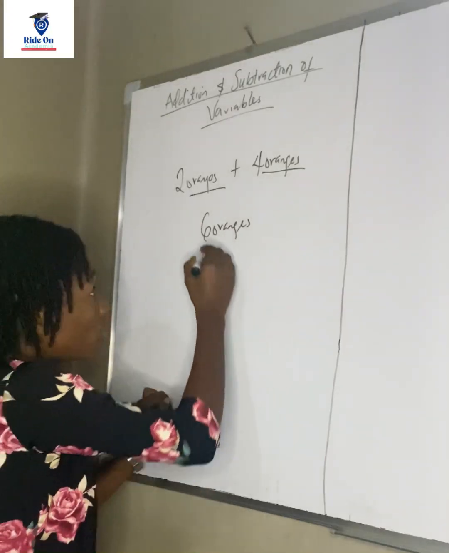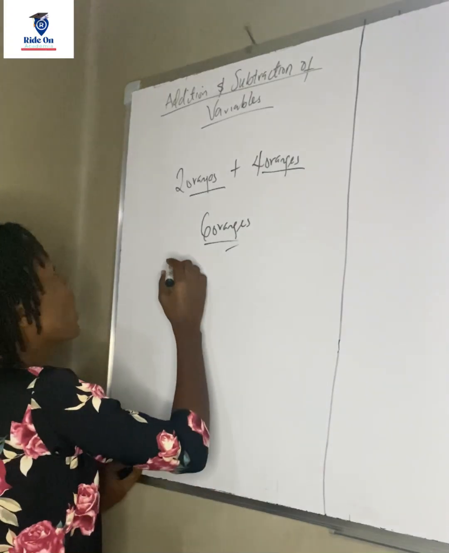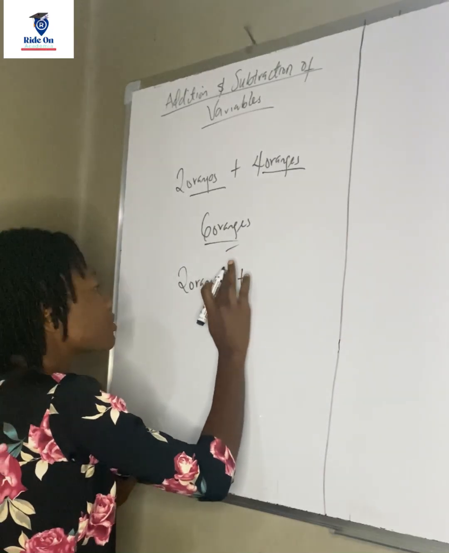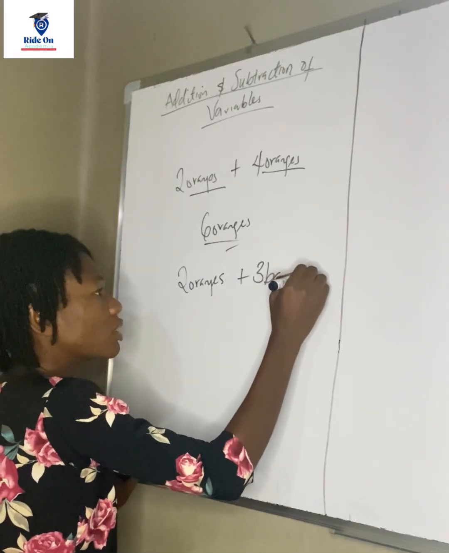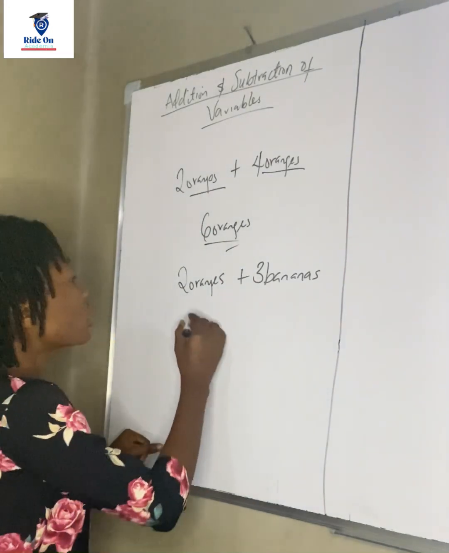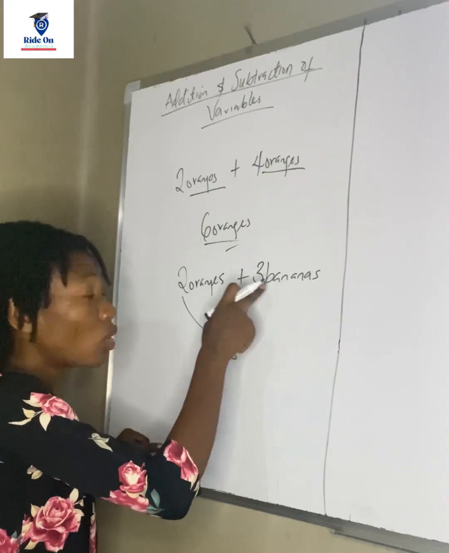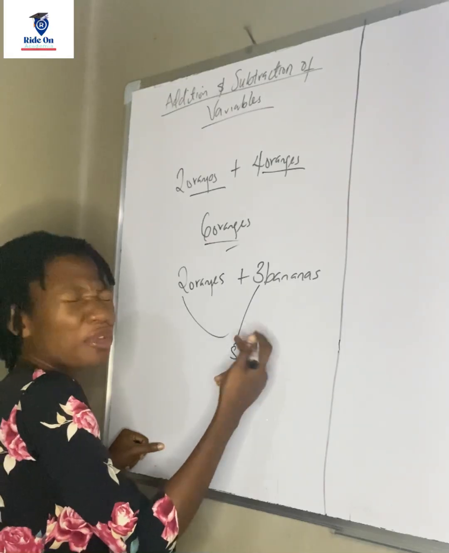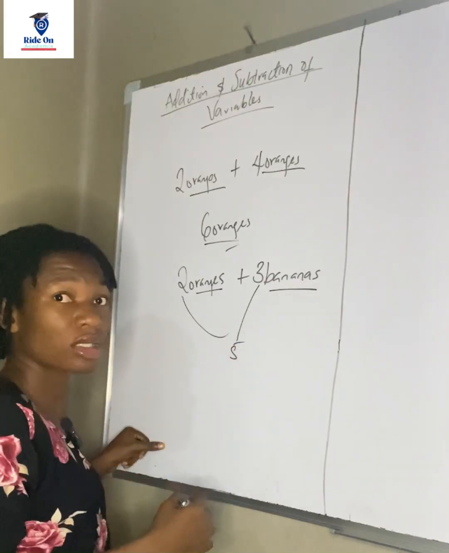Now, where you have 2 oranges and we want to add 3 bananas, 2 oranges plus 3 bananas, it is not possible to add them to become 5 because we're talking about two different things. You cannot be adding oranges and bananas to give you 5 oranges or 5 bananas. It's not possible, because here we're talking about different items.